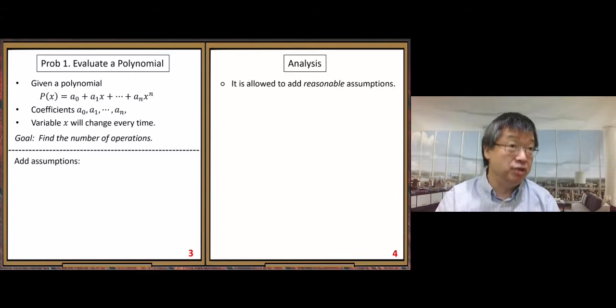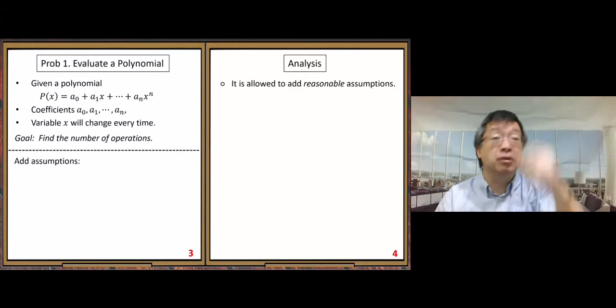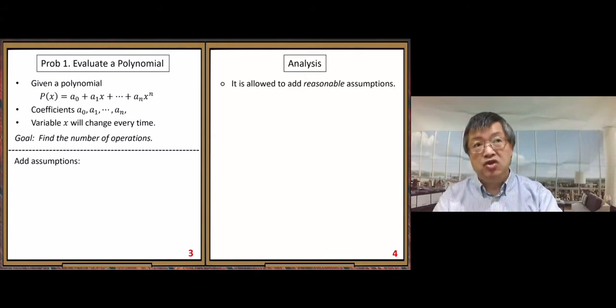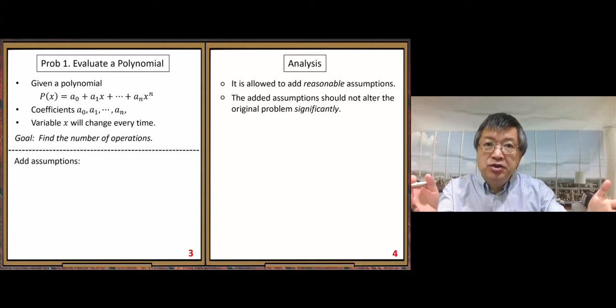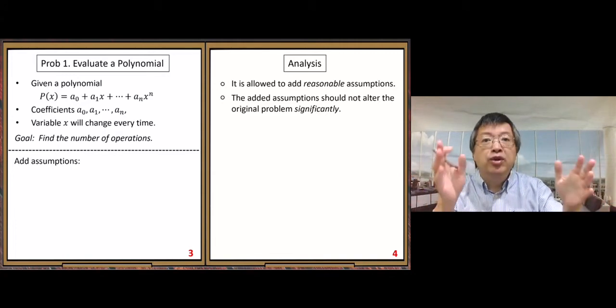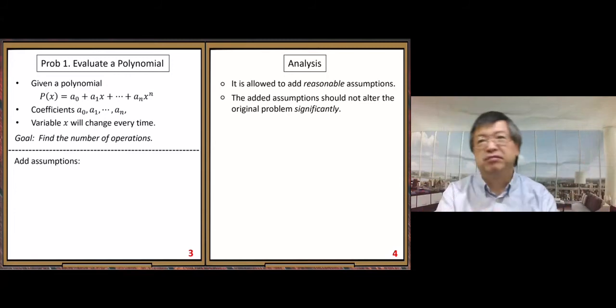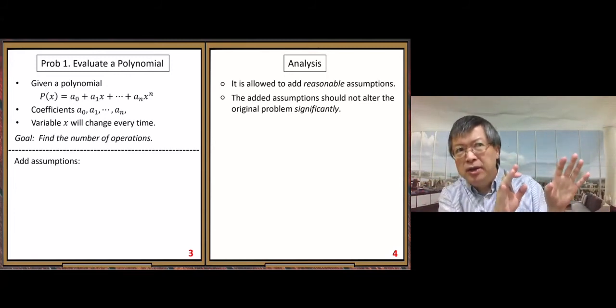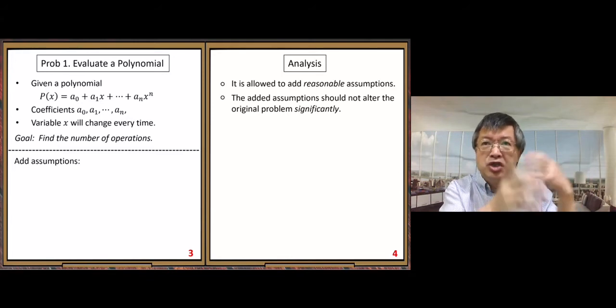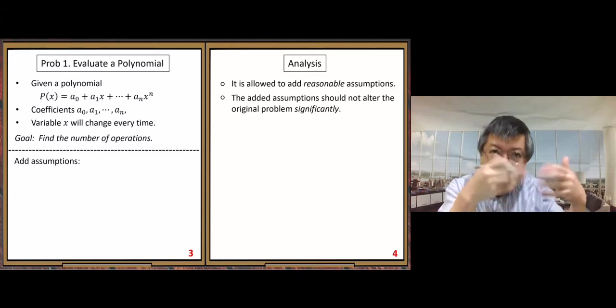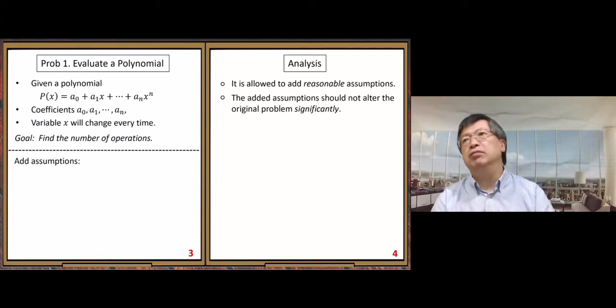What do you mean, reasonable assumptions? Let me describe a little bit. The added assumptions should not alter our original problem significantly. You change a little bit, but you do not change the main properties of the original problem.